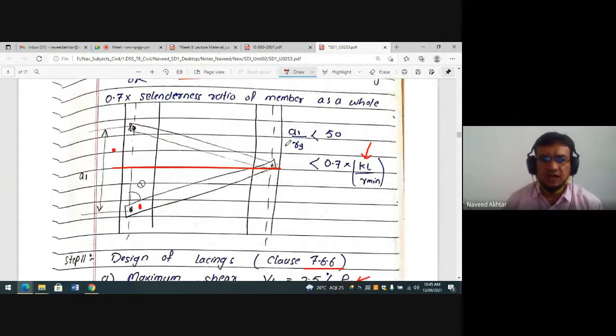So a1 upon r_y should be less than 50 or less than 0.7 times the overall slenderness, ये दोनों में से जो वैल्यू मिनिमम रहेगी दैट वी विल कंसीडर.